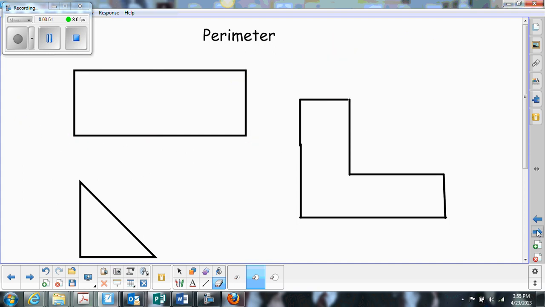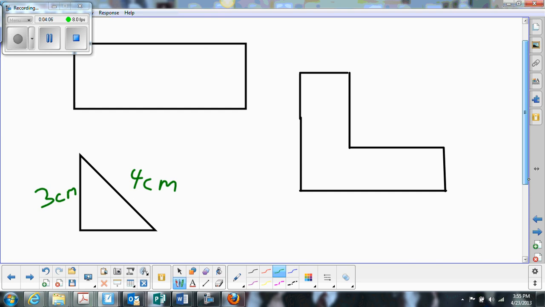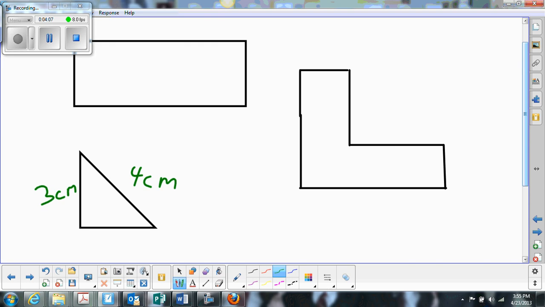It's a little bit different with a triangle. If I had 3 centimeters here, 4 centimeters here, and let me just scroll down a little bit, 1 centimeter here. All you do with the triangle is you add the outside.